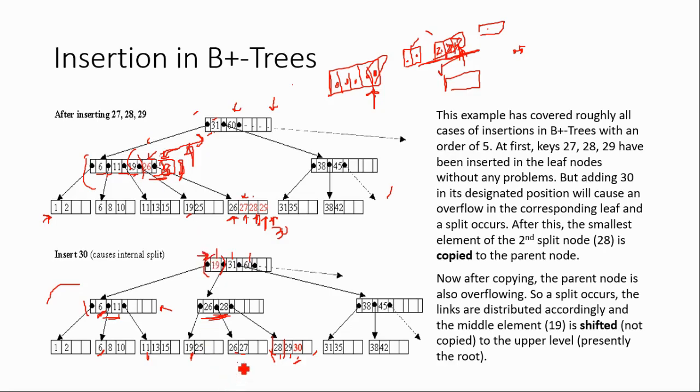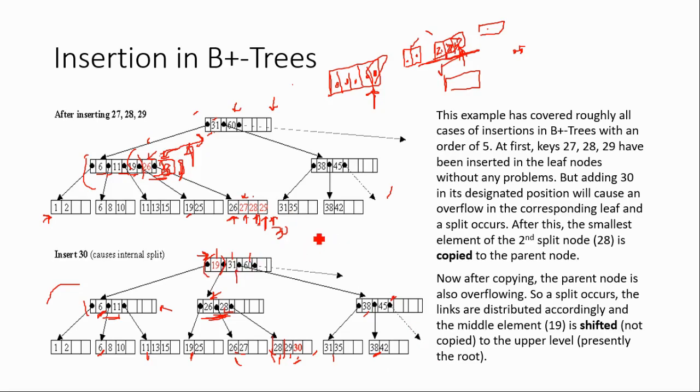Now this 26 is also present in this node. After that we have 28, which is present in this. After that 31 is present in this. After that we have 38, and after 40 I have not shown the others.